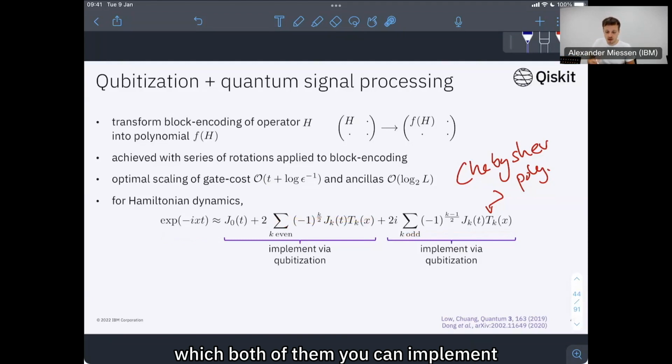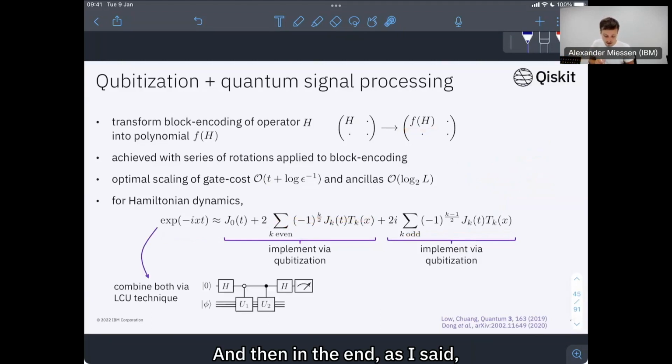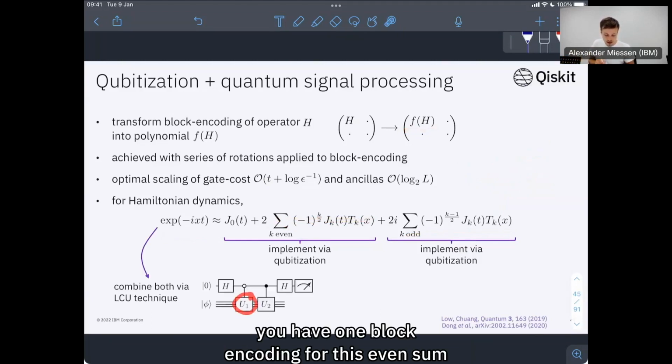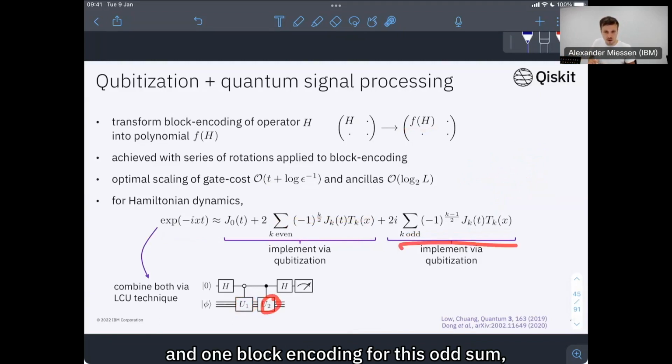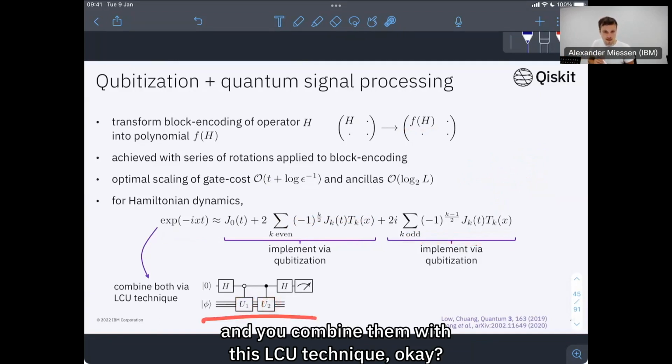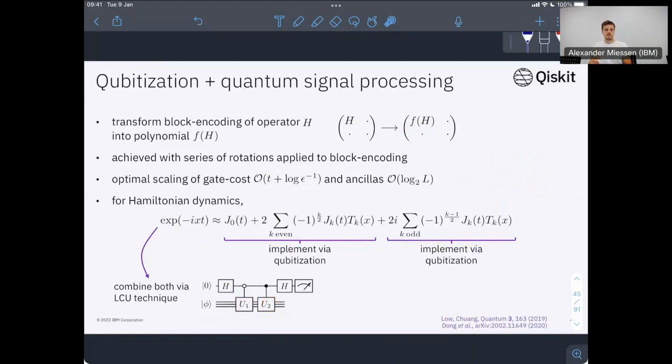Both of which you can implement with this block encoding, okay? And then in the end, as I said, you have one block encoding for this even sum and one block encoding for this odd sum, and you combine them with this LCU technique, okay? So far, so good. So let's do some derivations and actually see how to do this.